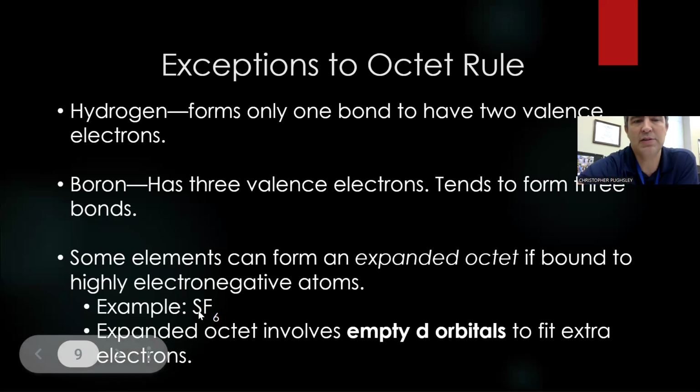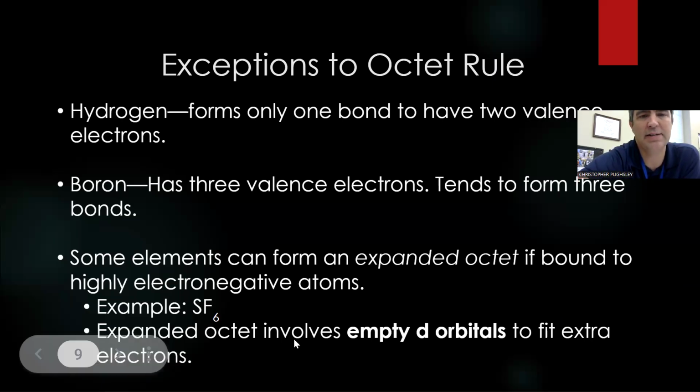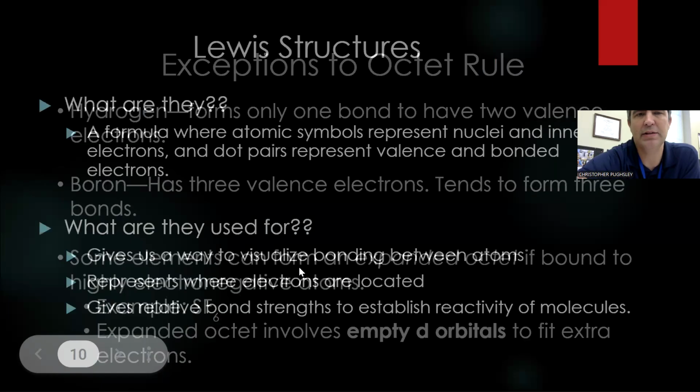Sulfur would be the center and share one electron with each of the fluorines. But that would give sulfur 12 electrons if you count all those electrons. That's a lot of electrons, and that's an exception to the octet rule.